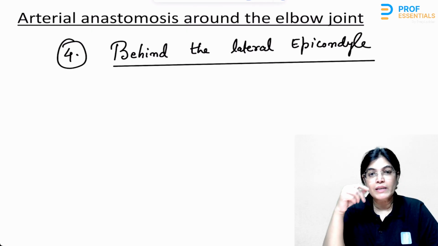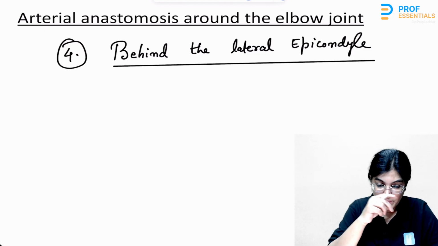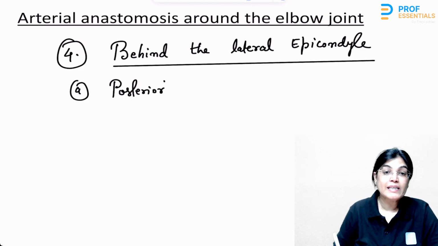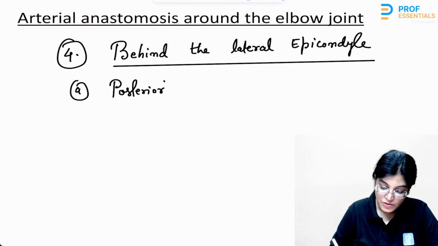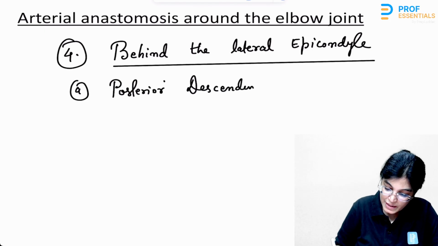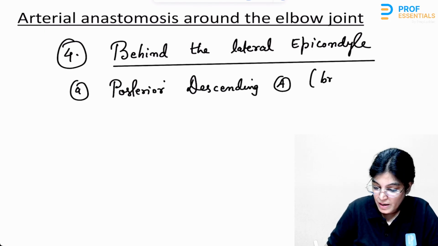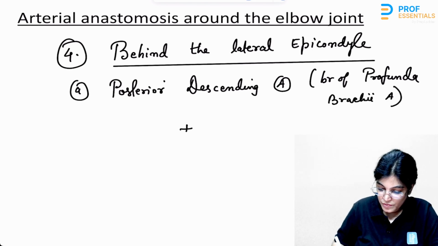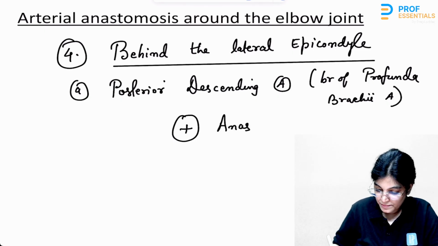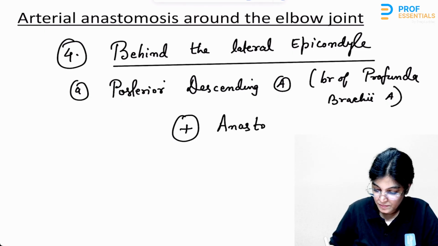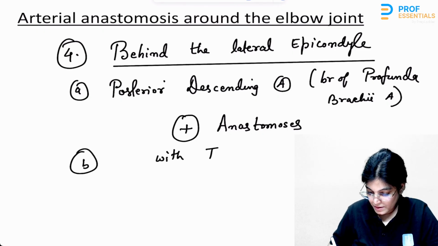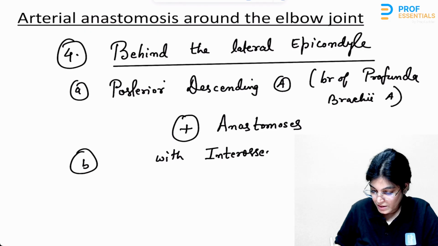When I'm talking about anastomosis which is taking place behind the lateral epicondyle, it is between the posterior descending artery, again a branch of the profunda brachii artery, which will form anastomosis with the interosseous recurrent artery.